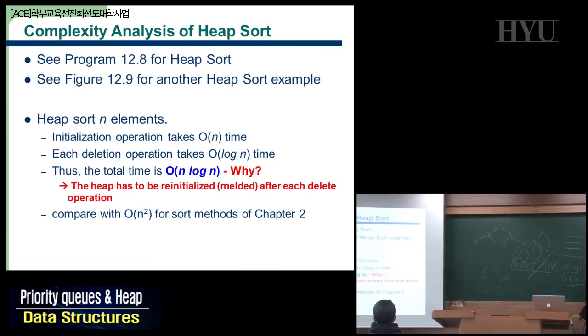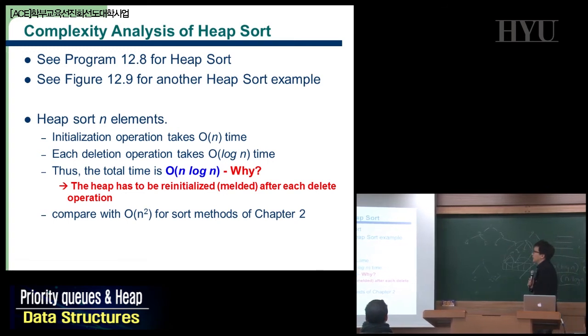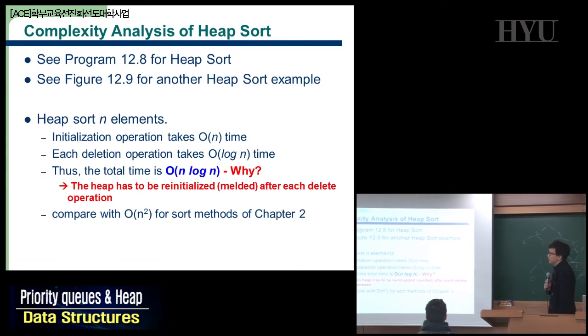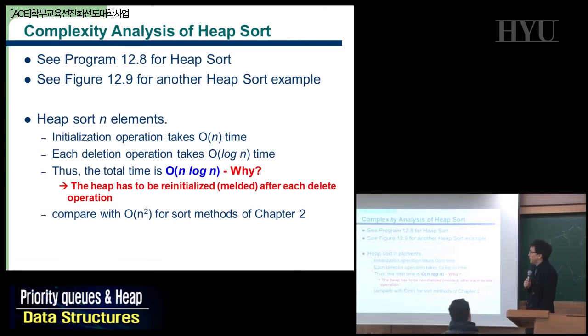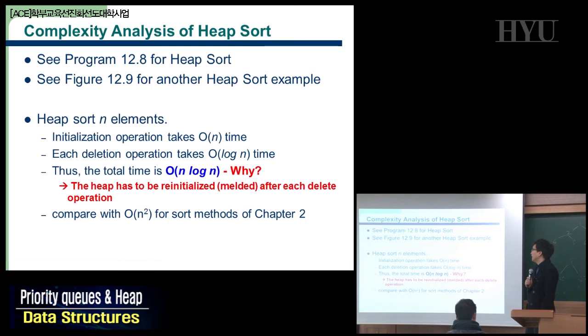So heap sort n elements. Initializing operation is order of n. Each deletion operation takes log of n. Thus, total time taken is order n log n. Why? Because the heap has to be reinitialized after each deletion operation. After we take one out, we have to reorganize it so we can call it a heap again. 그치? 하나 빼놨으니까 아래에 있는 거 적당한 거 갖다 올려야 되잖아요.